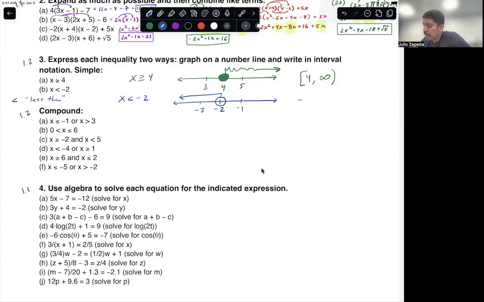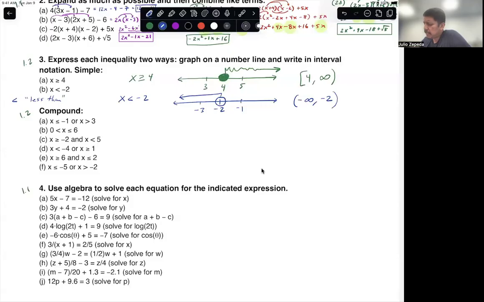And so we represent that by a -infinity. And then we always put a parenthesis on either positive infinity or negative infinity, since you don't actually reach that number. And then it goes as far right as -2, but we're not actually including -2. So we put a round parenthesis to show that -2 is not actually included.